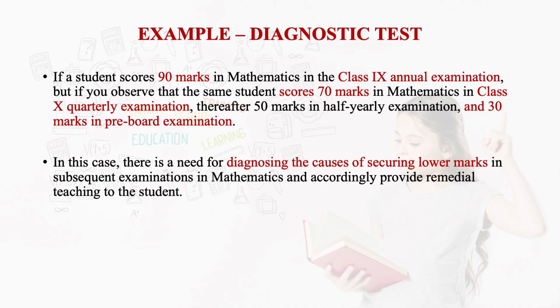You see it starts from 90, then reaches 70, then 50, then 30. So there may be certain problems, there may be certain causes. To find out the causes, you have to administer a diagnostic test, and after diagnosing the causes of low performance by the particular student, then again you have to provide the remedial instruction, remedial measure.